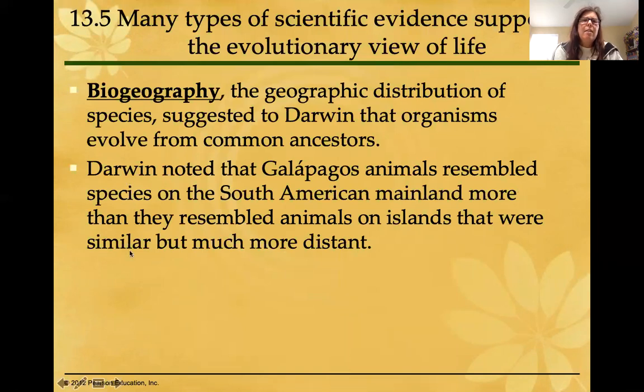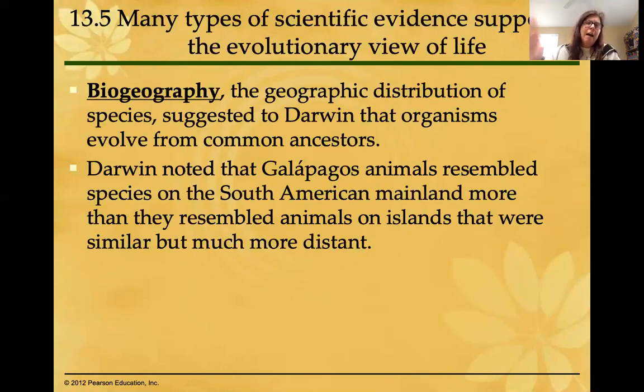And then we get into biogeography, so life based on the land. We talk about the geographic distribution of species. And we know that species come from a common ancestor. Darwin noted that the Galapagos animals resembled, if we look at those, and they're maybe 2 or 3 million years old, which is a baby on our planet, the organisms on the mainland, South America.